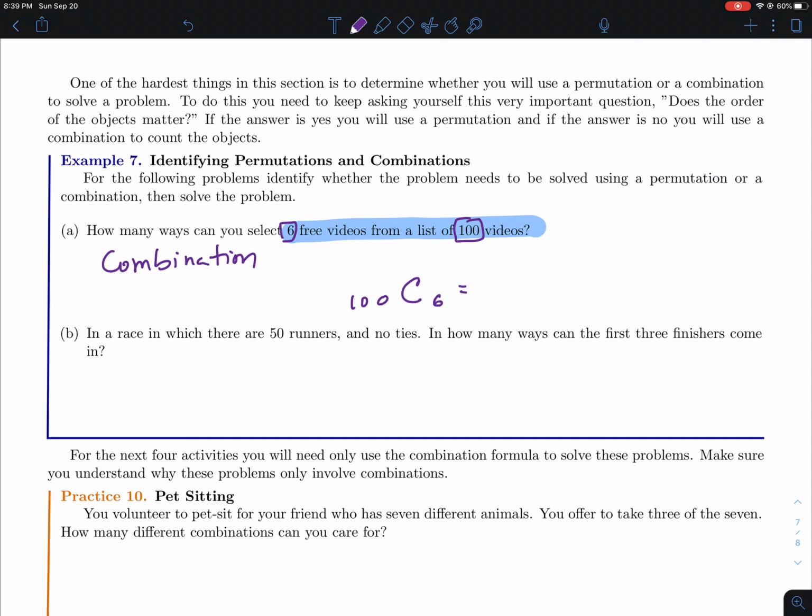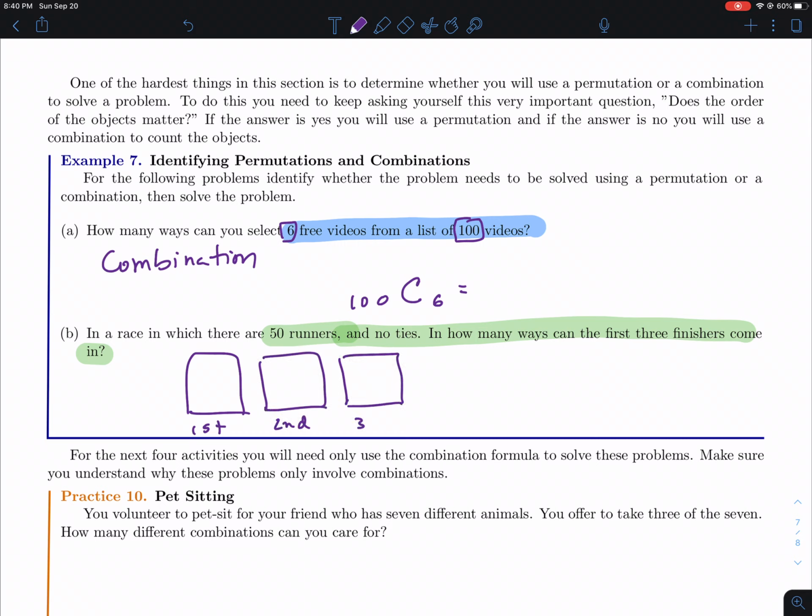And then for B, we've got a race with 50 runners and no ties. How many ways can the first 3 finishers come in? In this case, there's a rank because we've got a first place winner, a second place winner, and a third place winner.